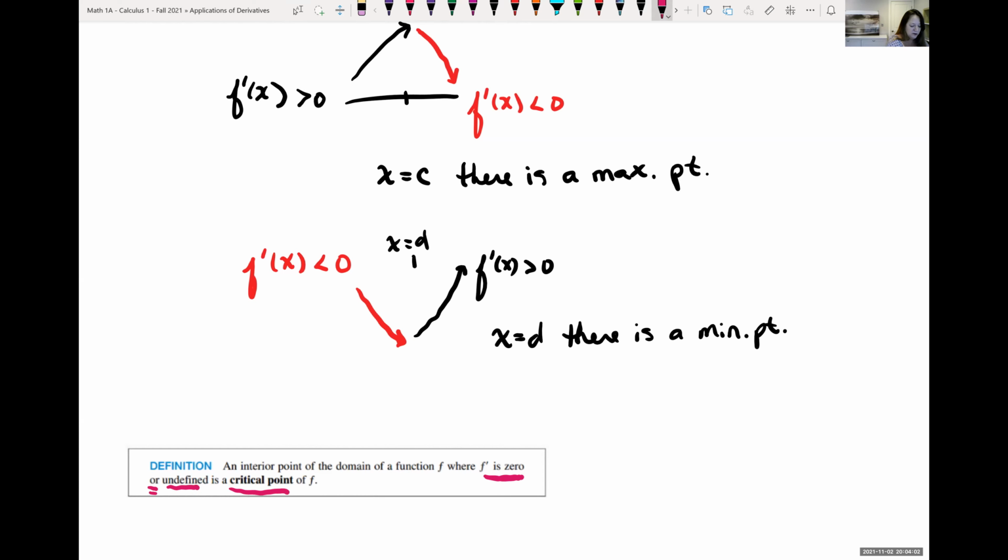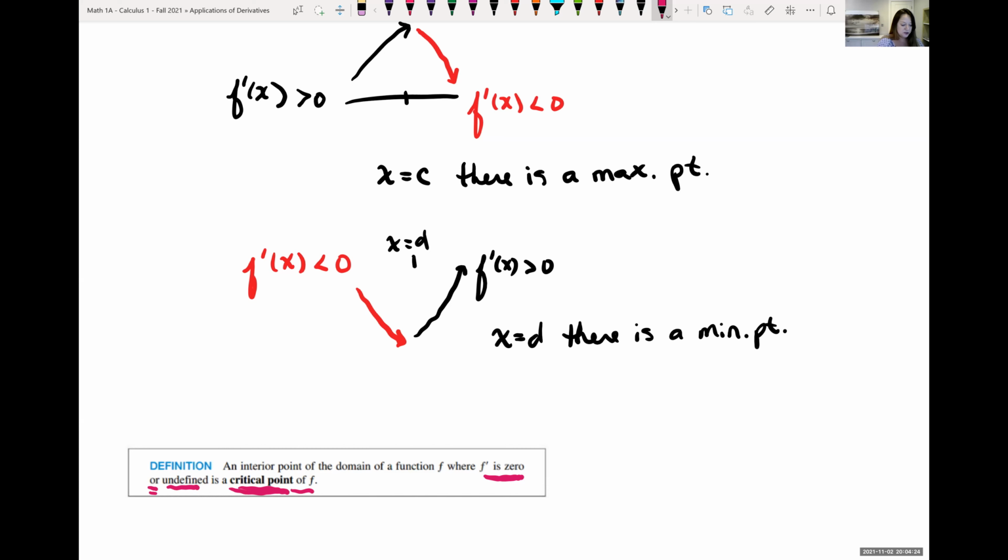And those were called our critical points of f. Okay, so we're going to use these critical points to determine where our function is increasing and where our function is decreasing, and then determining if we have some maximum value or minimum value at that point, our critical point.